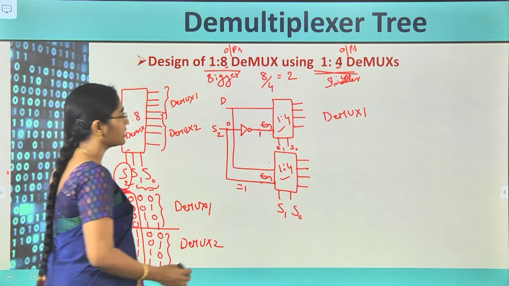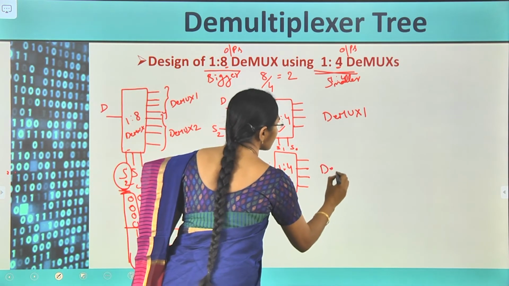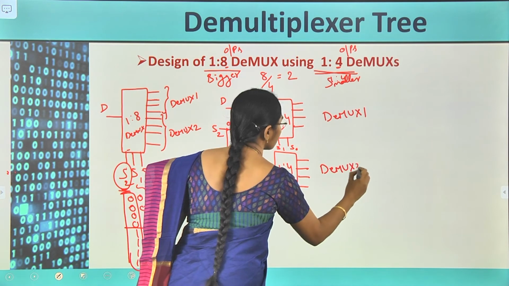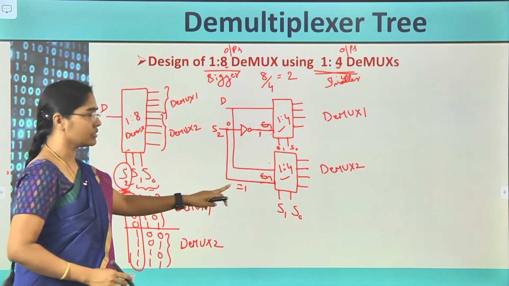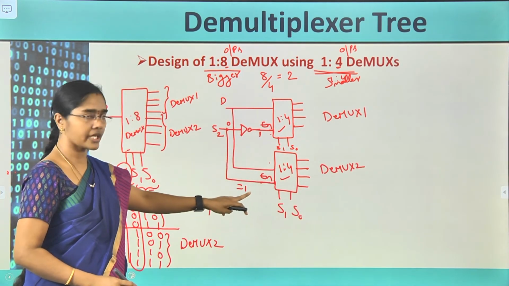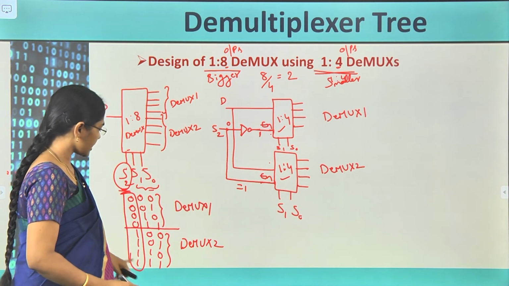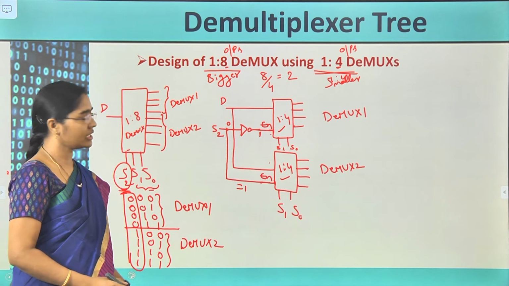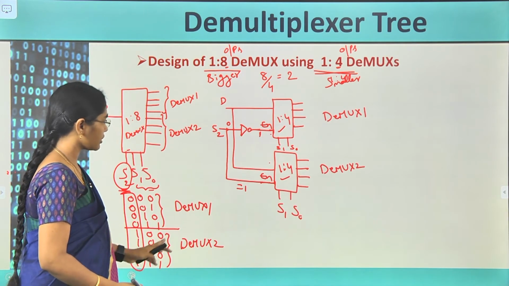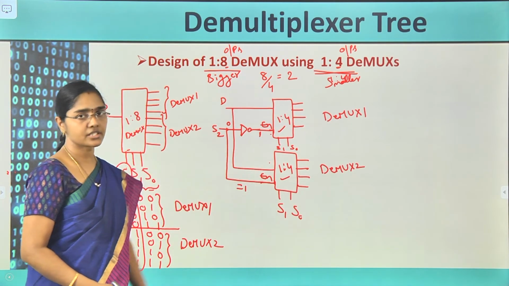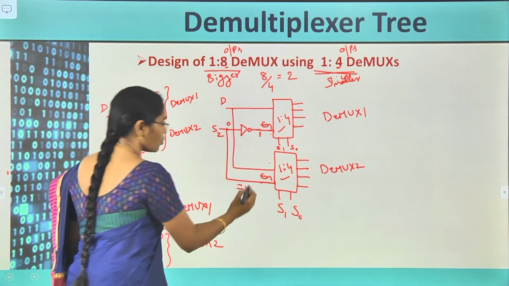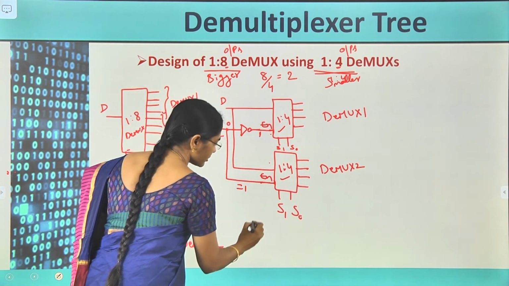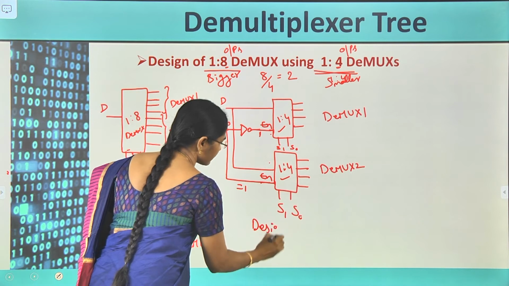Then when S2 is equal to 1, demultiplexer 2 will be enabled for the next 4 combinations, so that the input will be passed according to the selection lines. This is one style of design, design 1.